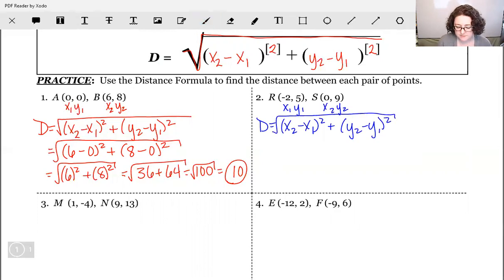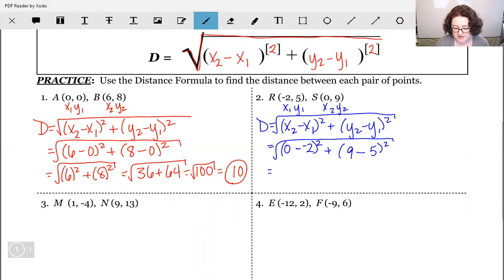Start filling your values in. So our x2 I labeled as 0, x1 was a -2, and I do actually like to write out minus a negative until I'm at my simplifying step, because I don't want to forget that that's in there. y2 was 9, minus y1 was 5, all under the square root.